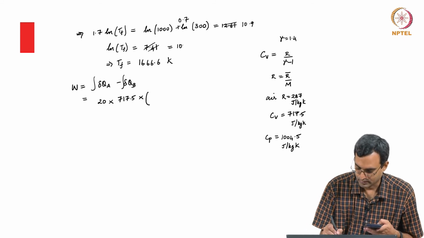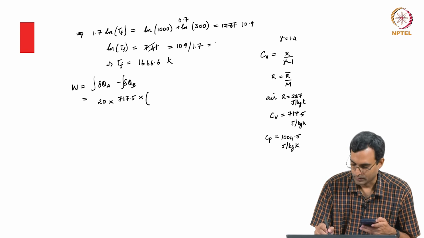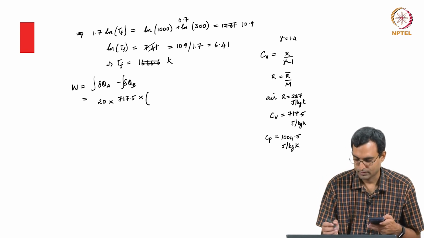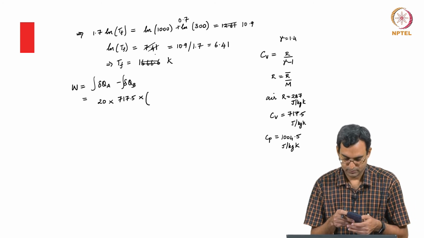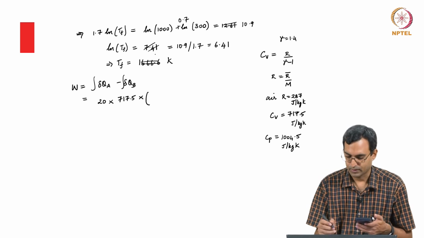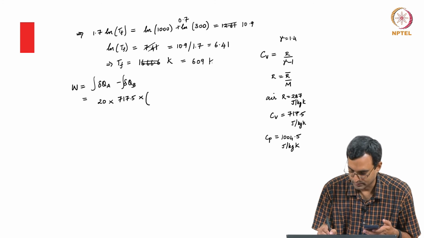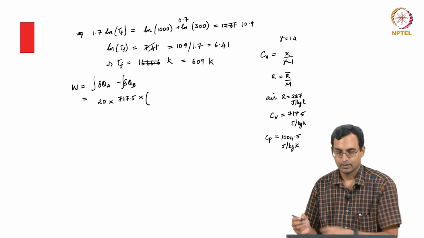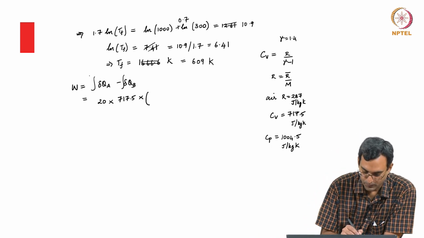This is 10.9 divided by 1.7, which is 6.41, and this is exponent of 6.41, which is about 609 Kelvin. Okay, so we have the final temperature now. You are going to possibly see this as one continuous video anyway.